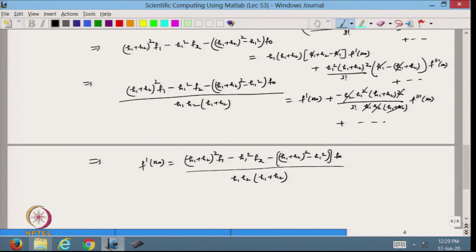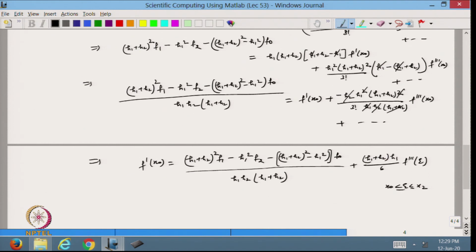Now from here I will get the terms plus h1 plus h2 into h1 by 3 factorial, that is 6, and then I can write these terms as xi, where xi belongs to x0 to x2.